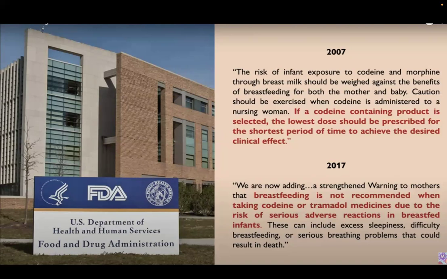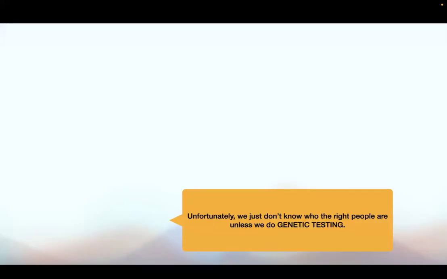So that was the concept, and this is a very serious problem actually. Back in 2007, there was one single line. In 2017, the FDA came with an amendment in the sentence, and they directly mentioned that this is not recommended. Okay.